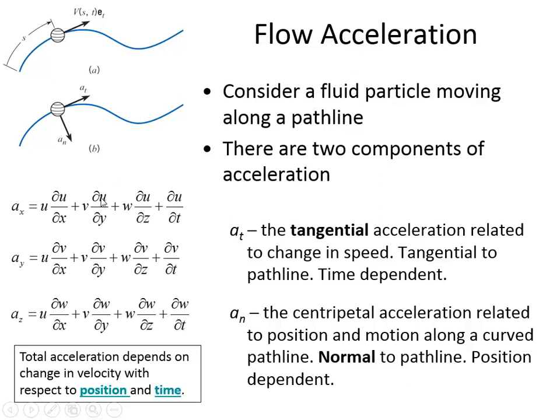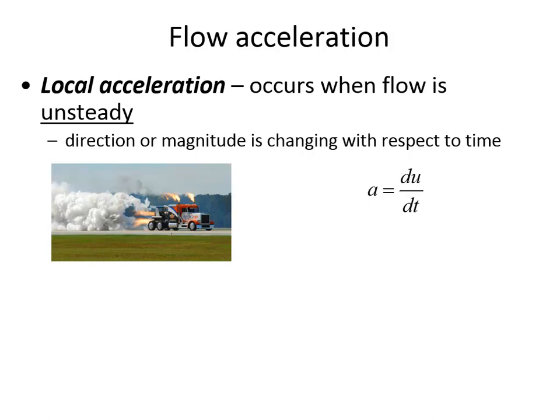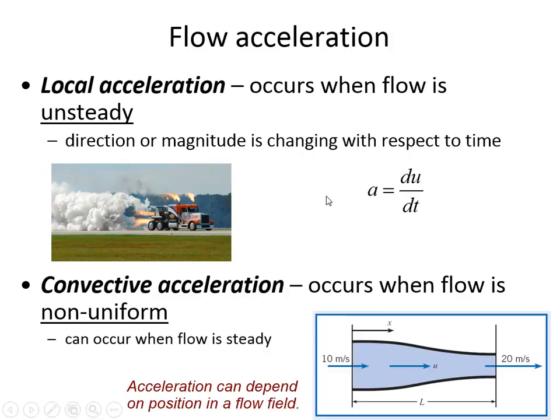You can break down the acceleration into its components in the x, y, and z direction with respect to position and time. And we've already looked at the local acceleration, where you've got velocity changing with respect to time, and convective acceleration is how the velocity may change as a function of position.